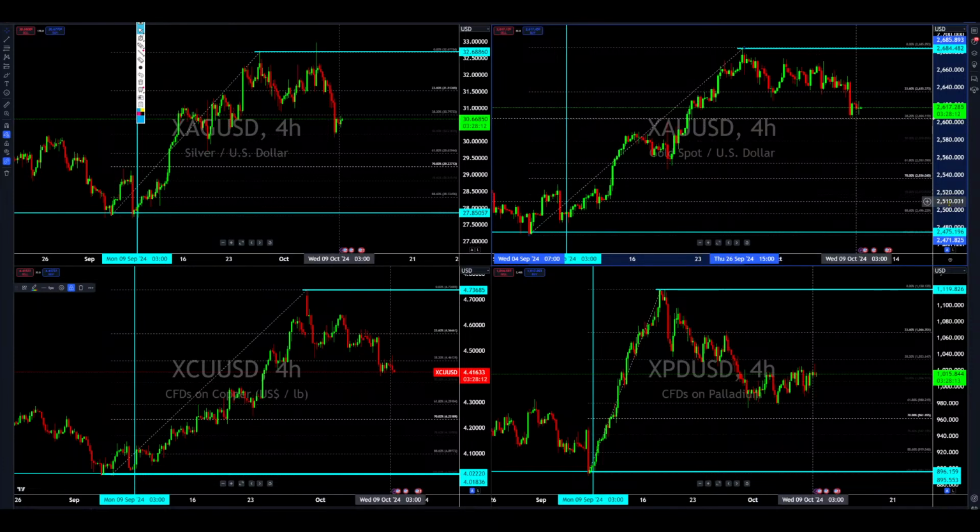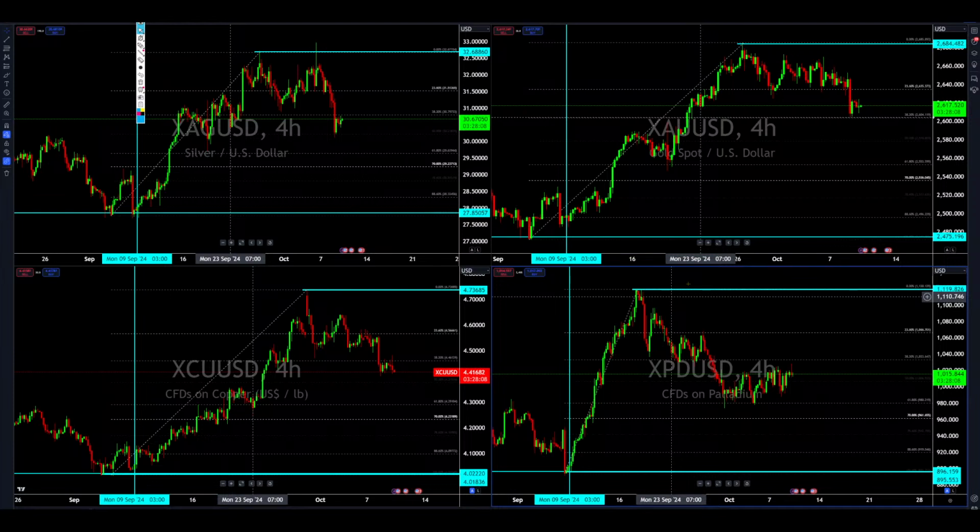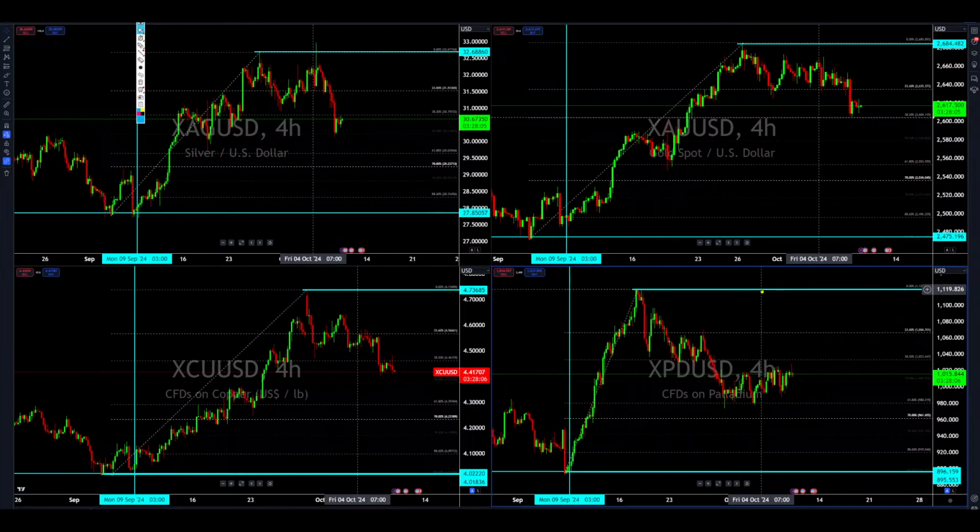So we can clearly see that the other assets and currencies are testing the September lows, and there is a risk for gold to keep falling towards the 9 September lows, which is somewhere around 2500.